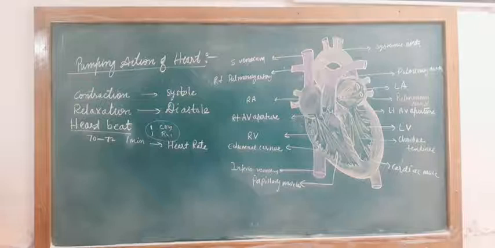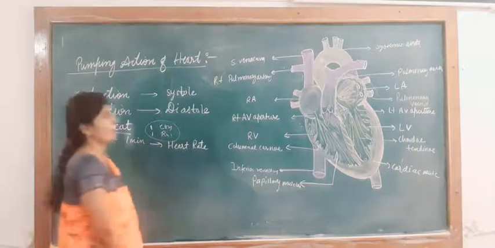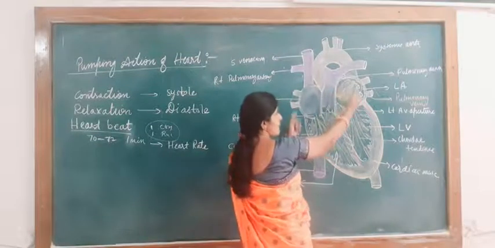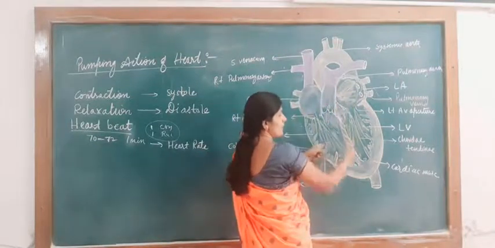Now, during each heartbeat, the ventricles pump about 70 ml of blood. When the blood comes into the auricles, they contract and the blood comes into the ventricles.